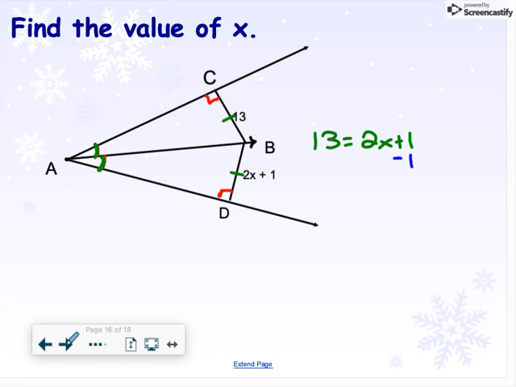So we subtract 1. X is equal to 6. And for this one, all we're asked for is what is x? So we found it right there. Again, if you need to pause it, take your time, please do so.